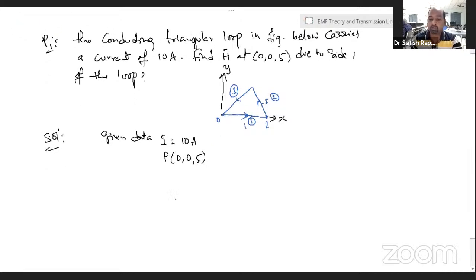Point P (0, 0, 5) in the sense on the z-axis. Here this is the x-axis and this is the y-axis, therefore the z-axis is this. So on the z-axis we have to determine.